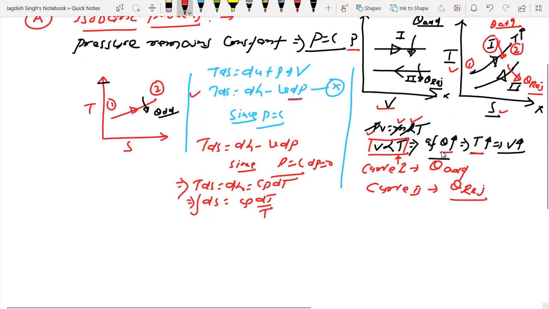Okay. Simply we have to integrate this from when entropy is S1, temperature is T1, and when entropy becomes S2, temperature becomes T2, right?